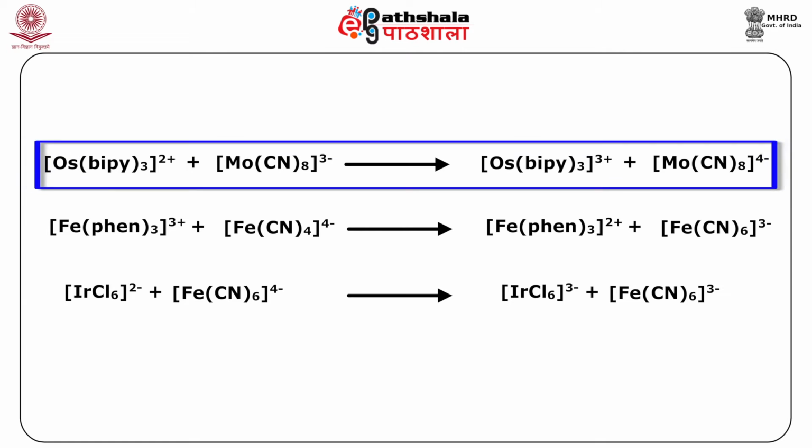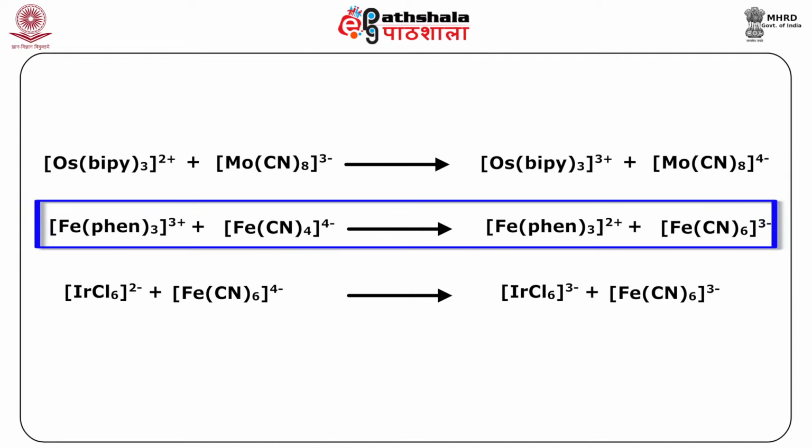So what is happening? Osmium is getting oxidized by 1 and molybdenum is reduced by 1. So it is a one electron transfer process, but the metals and ligands are both different. So this reaction is categorized as a cross reaction.